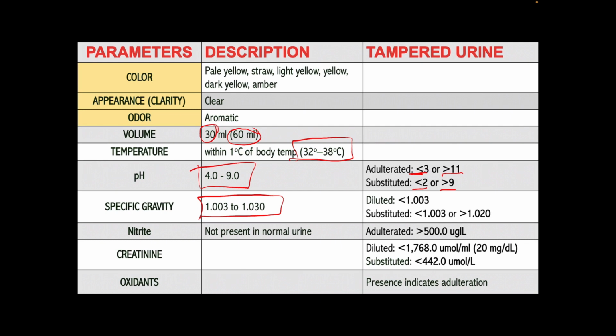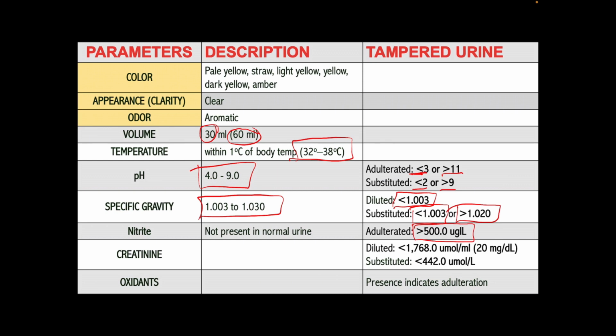For specific gravity, if it is diluted, of course, it is less than 1.003. So that is already close to the specific gravity of distilled water. Substituted, same with dilution, or it's greater than 1.020. And nitrite, if the value is greater than 500 micrograms per liter, then the specimen is adulterated.